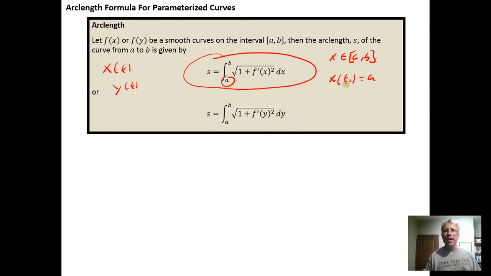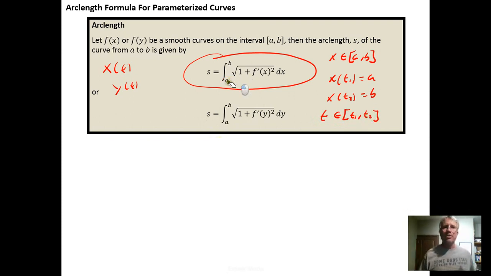We'll call that t sub 1. And for b, we'll say x of t sub 2 equals b. There's going to be a value t sub 1 and t sub 2 that, when plugged in for x, generate the a and b. So when x runs over the interval from a to b, if we've parameterized a curve, we're going to find that t is running over some interval from t sub 1 to t sub 2.